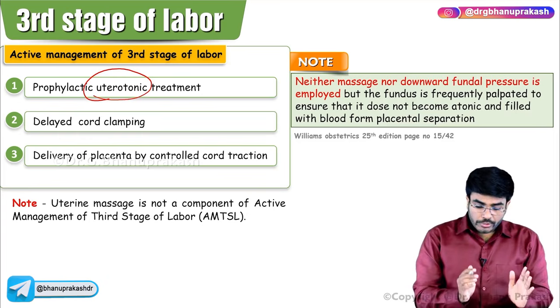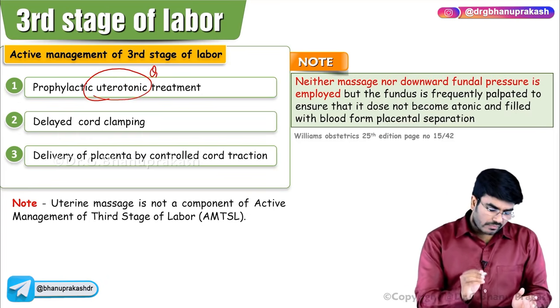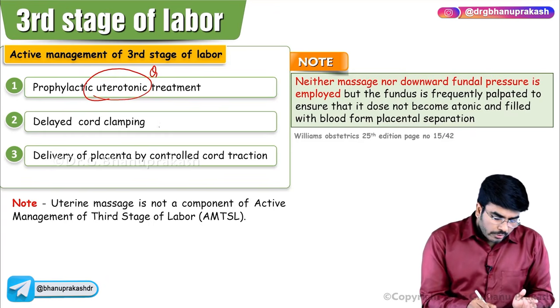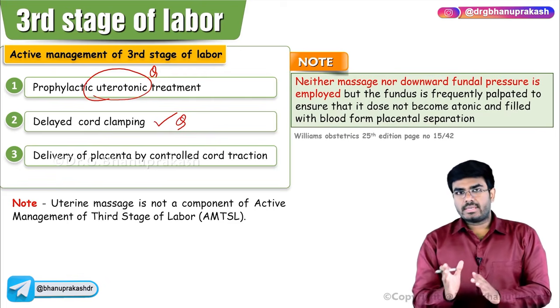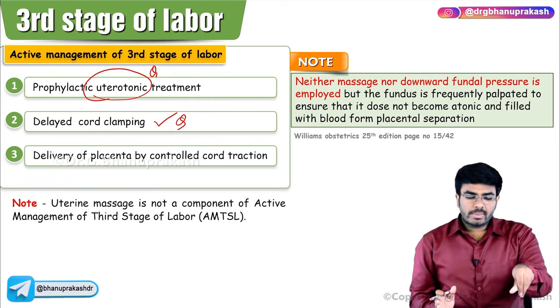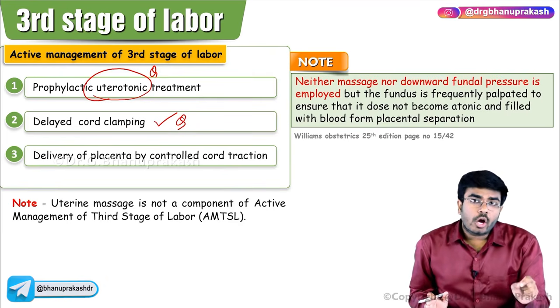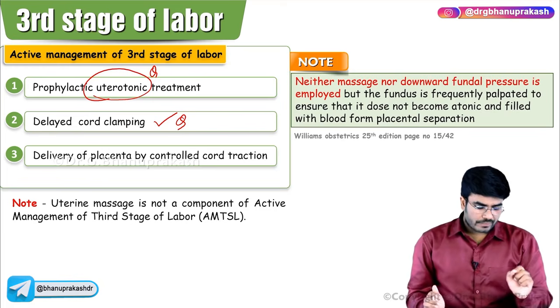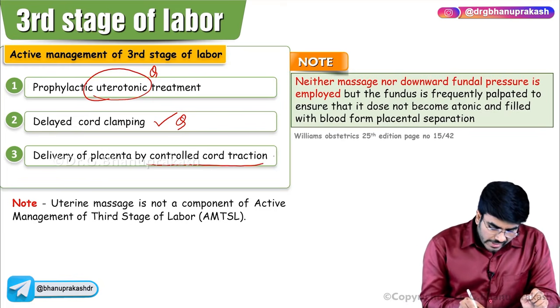So I am going to give a uterotonic drug. After this, I am going to do delayed cord clamping. What exactly is delayed cord clamping? Why is this important? Discuss later. But first I will be giving a uterotonic drug. I will be doing delayed cord clamping, not early cord clamping. Then delivery of the placenta by controlled cord traction.